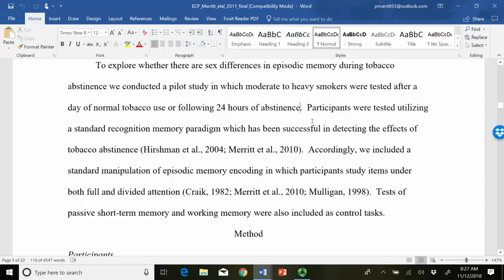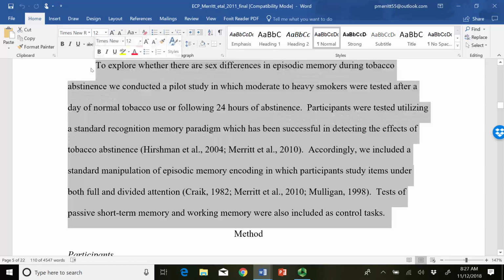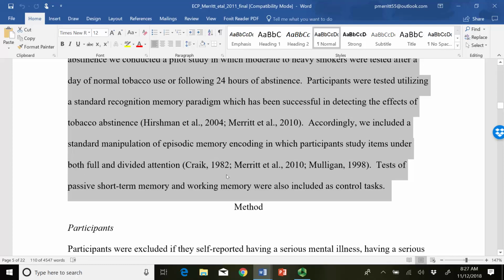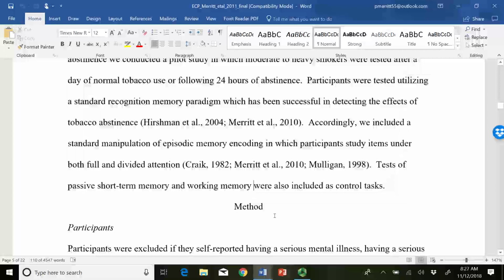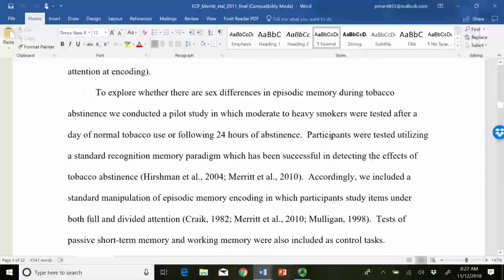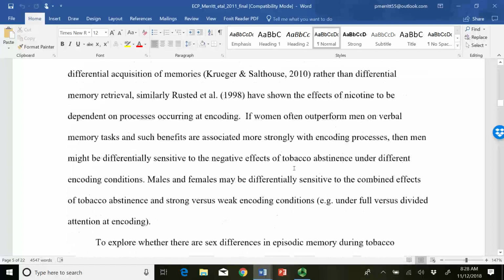But this is where you set up a little bit about what you did and then give some kind of prediction, or at least say this is why we've done this particular pilot study. And that's that last paragraph where you end narrowly. So that is a quick and easy introduction to the introduction section.